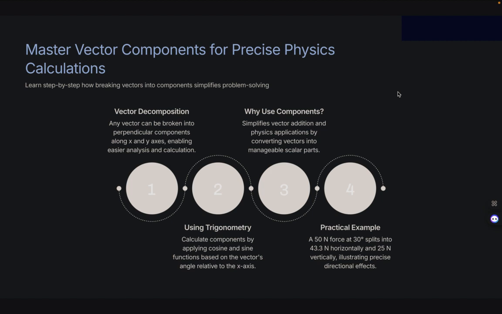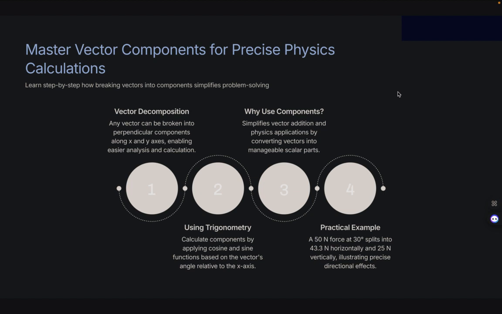If we were to split a parallelogram in half, it will create two triangles, and you can use trigonometry to calculate components by applying cosine and sine functions based on the vector's angle relative to the x-axis. Why use components? We use components to simplify vector addition and physics applications by converting vectors into manageable scalar parts. Scalar, what do we say, is magnitude only.